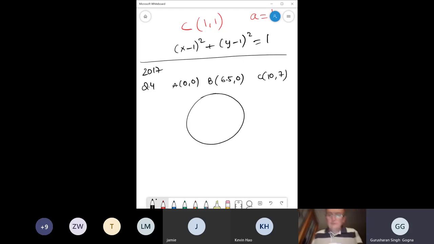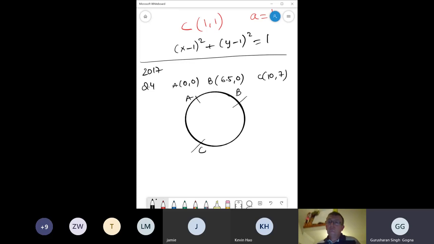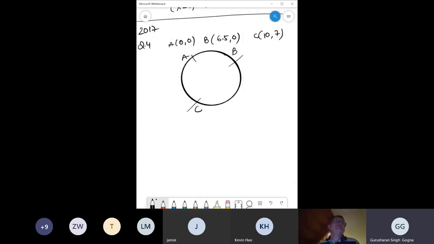All these points are on the circle. This is all given. But the question is, find the equation of the circle. So how to get the equation of the circle if you know 3 points on the circle? Anybody has any idea?